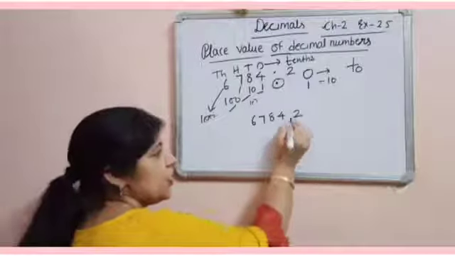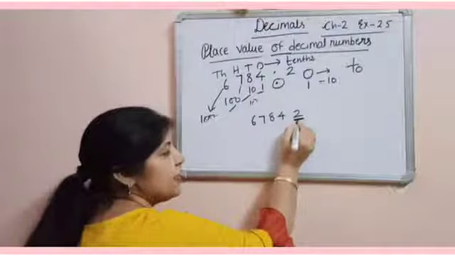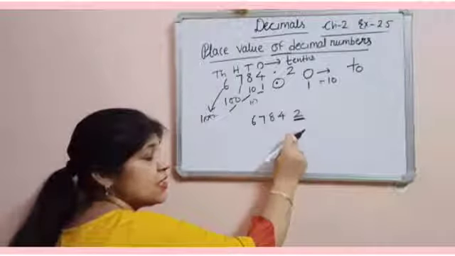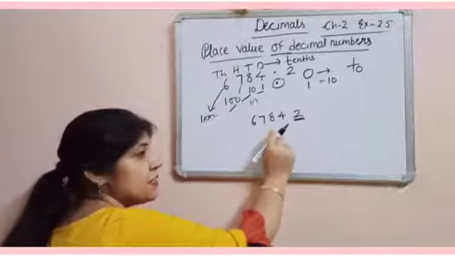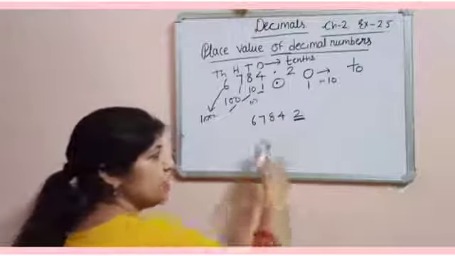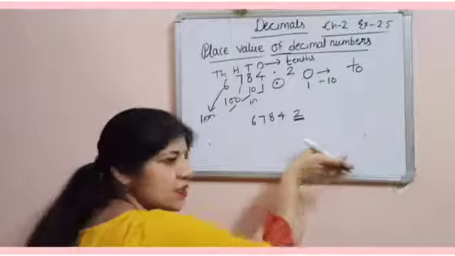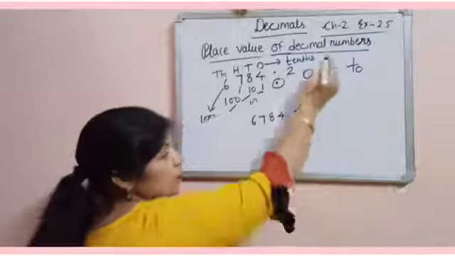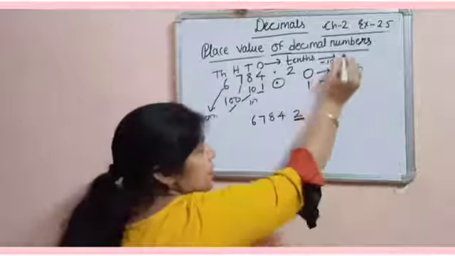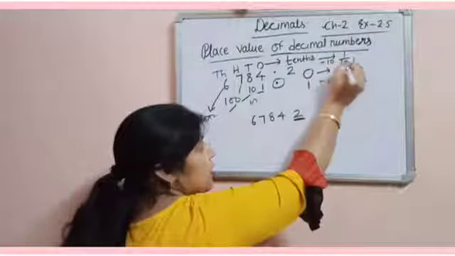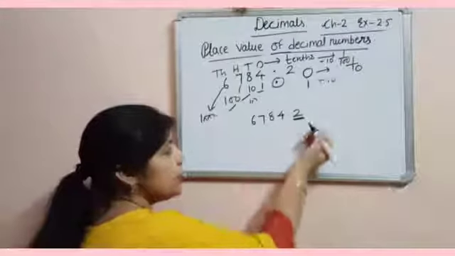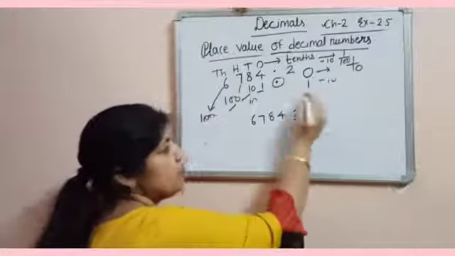It means 2 is at the 10th position, and 2 is 10 times decreased from the 1's position. Now if we move towards the right again, the next position is also decreased by 10 times, that will be 1 by 100. Yes, so the next position is our 100th position.